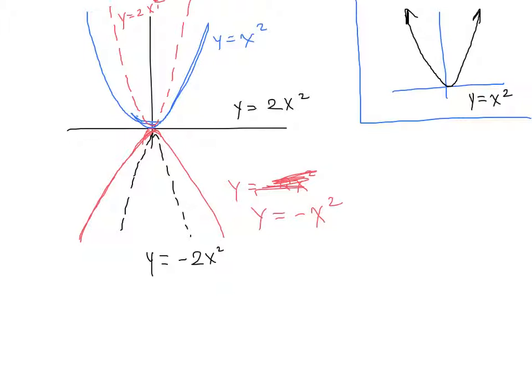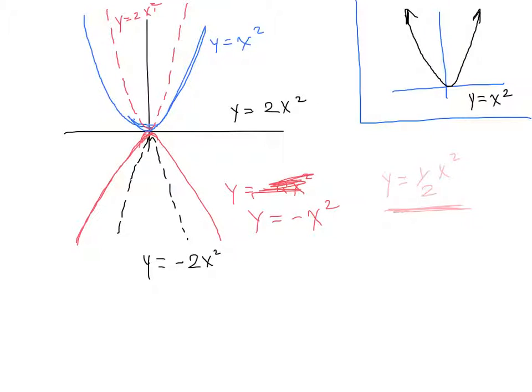All right, let's see what would happen if we had y equals a half x squared. What do you think would happen? Well, if you said it would be climbing half as fast, you are correct, which would mean that the graph is, in fact, wider. So here, with the 2, it was narrower, and with the half, it's wider. All right, so the graph of y equals a half x squared would probably look like this.